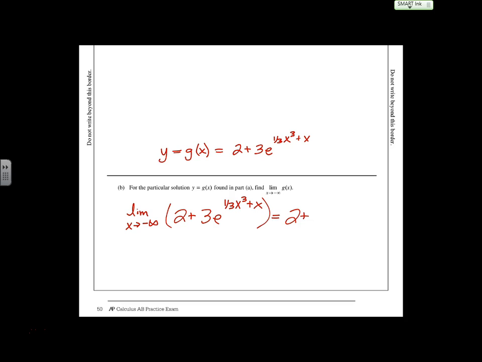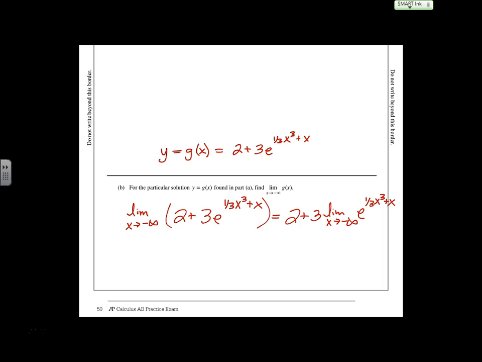So we can just write 2 plus. The limit of a constant is just the constant. It stays the same. But now I have to think about the limit. I'm going to pull the 3 out, as x goes to negative infinity of the exponential. Where is the negative infinity getting plugged into? The exponent. The negative infinity is getting plugged into the exponent.